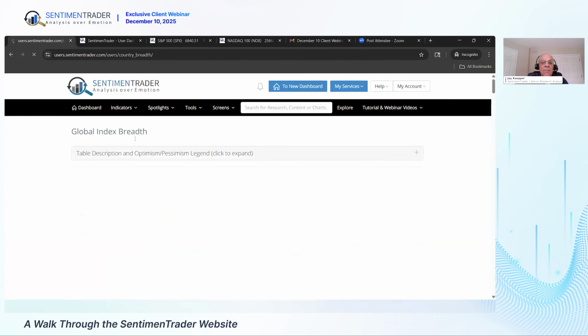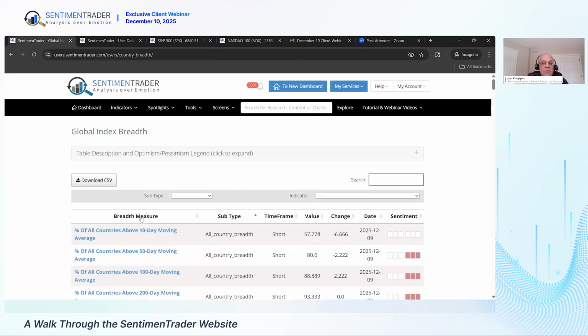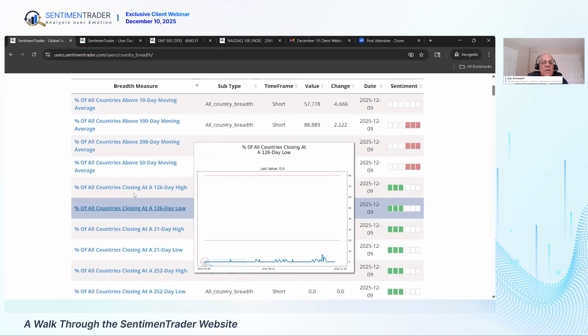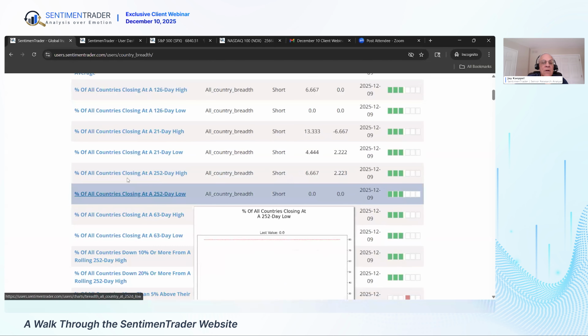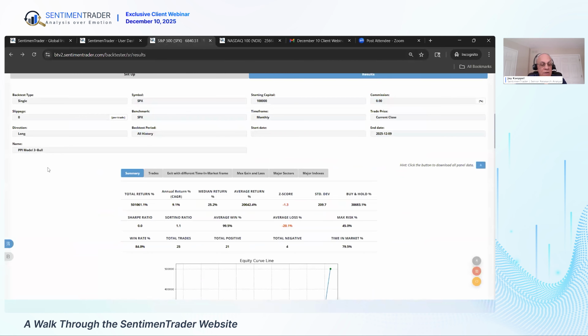Global index breadth. Certain things are useful at times that I've found. The percentage of countries, well, you know what? Let me just go to the example I wanted to use.